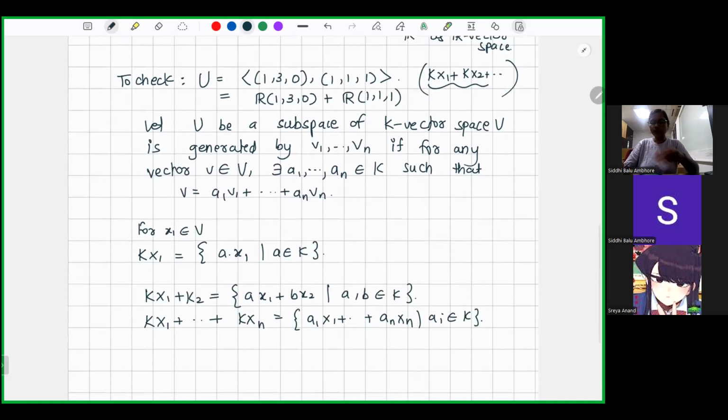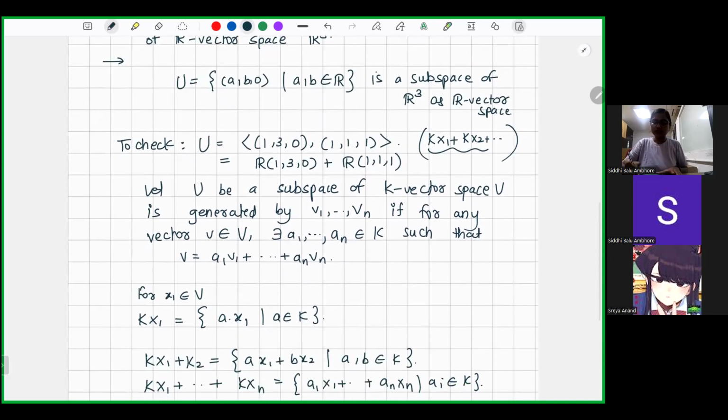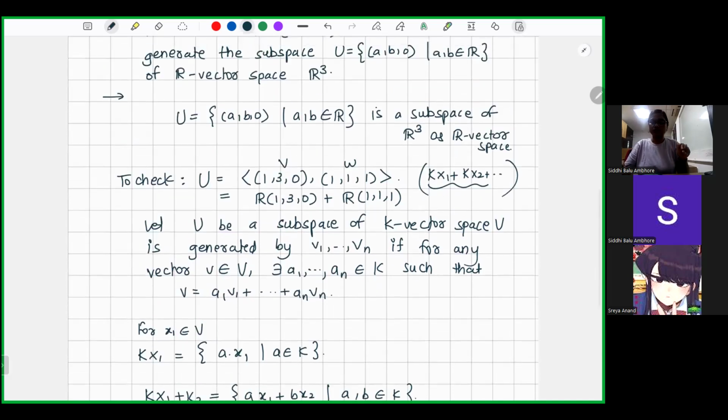So what we need to check is whether v and w given here generate my entire space U or not.